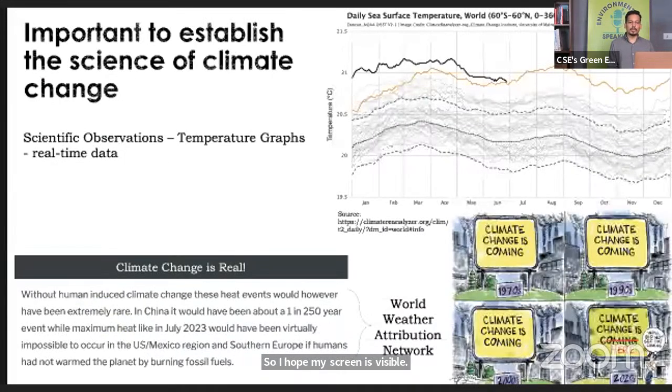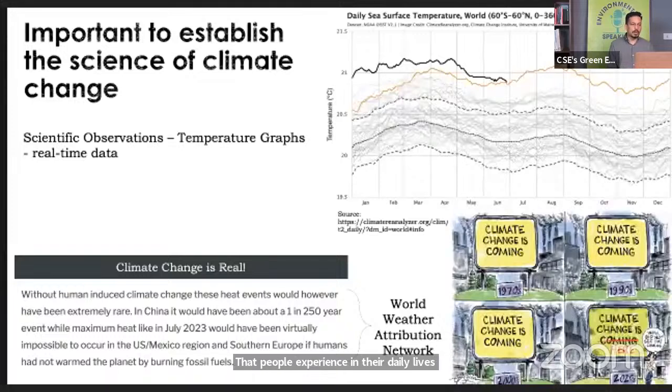So to begin with, I think the most important aspect of teaching climate change is to establish the science of climate change, best taught through visuals, graphs, data, and most importantly through the attribution of events that people experience in their daily lives.